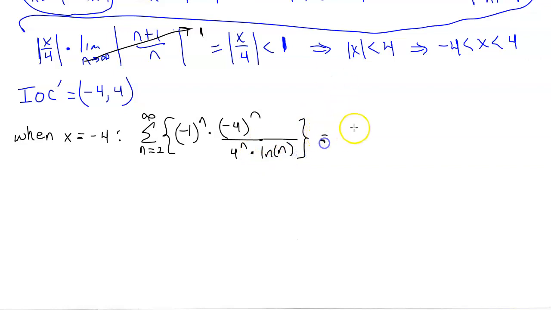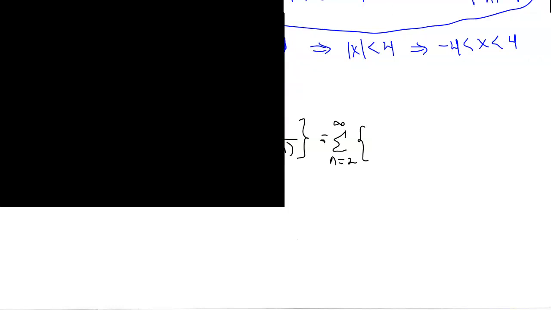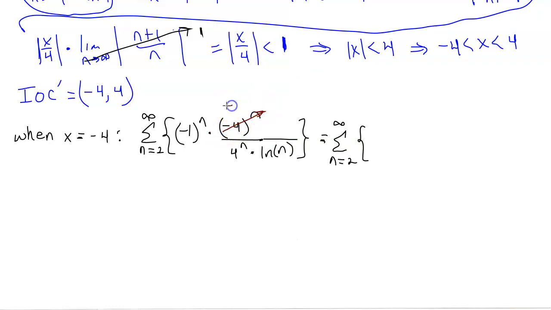And if I do some rearranging here, then this -4 raised to the n, we could rewrite this part as a -1 raised to the n times 4 raised to the n.